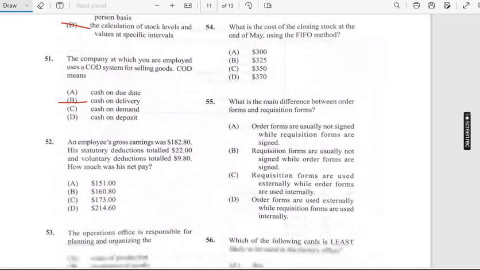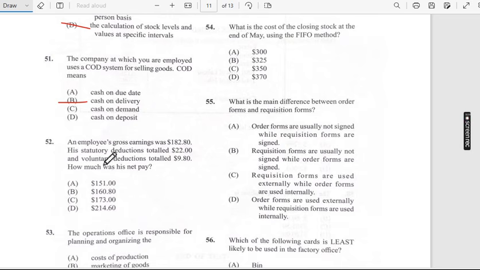Number 52. Here it says an employee's gross earning was 182.80. Statutory deduction total 22. So out of the 182.80, we will take away the 22, and I would have 160.80.